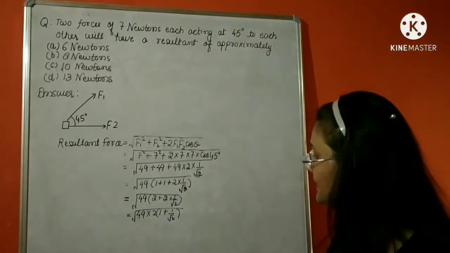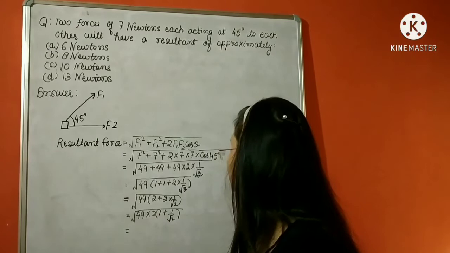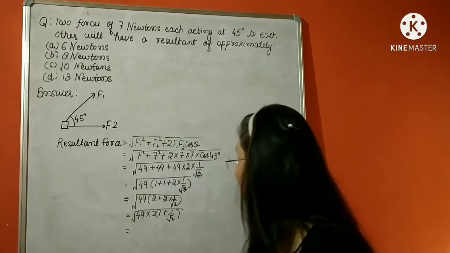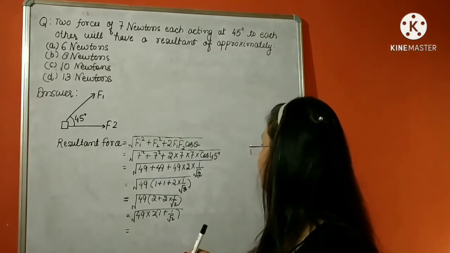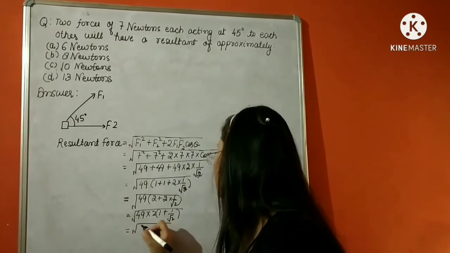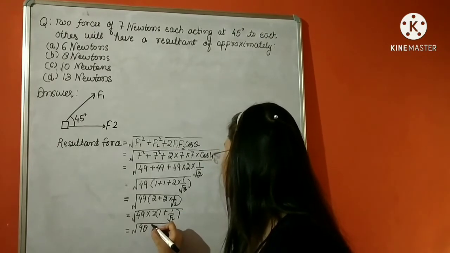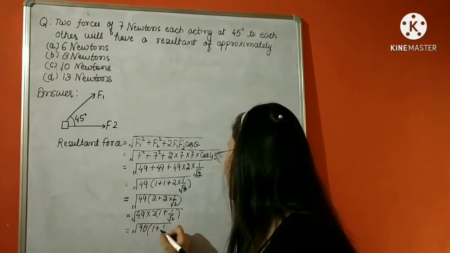We can write it like this. Now ultimately it will become 98 into 1 plus 1 by root 2.